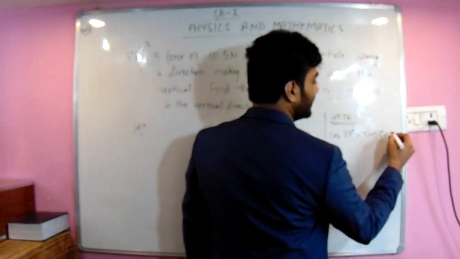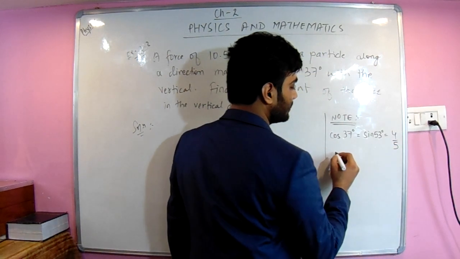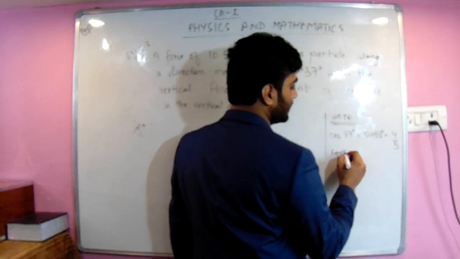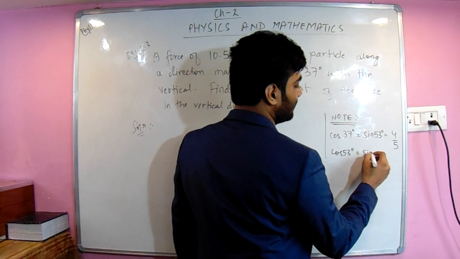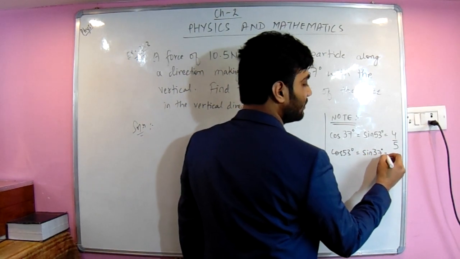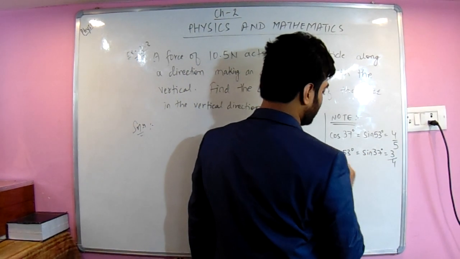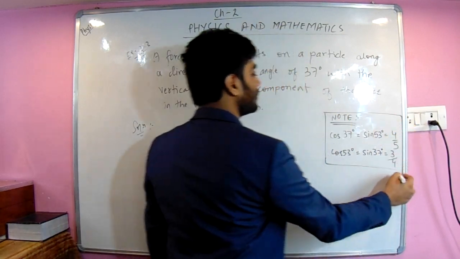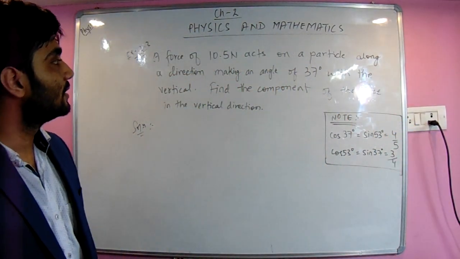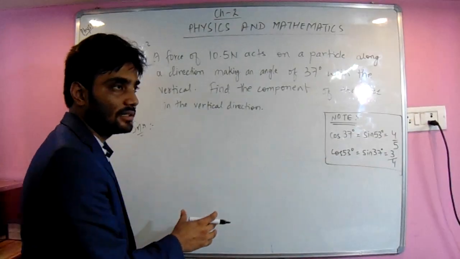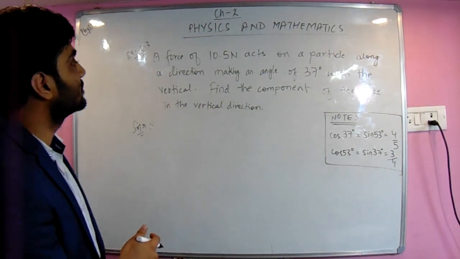Yes, and it becomes 4 by 5, and cos of 53 degree and sine of 37 degree is equal to 3 by 5. So now use this value in this question.